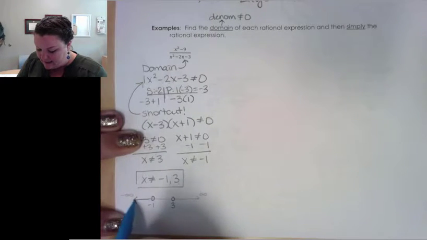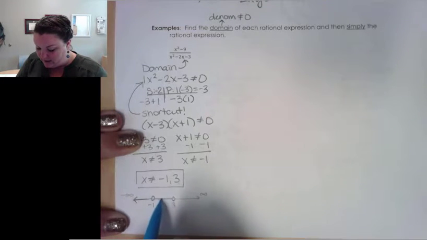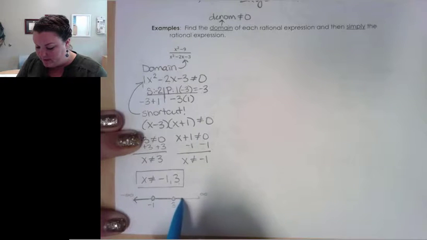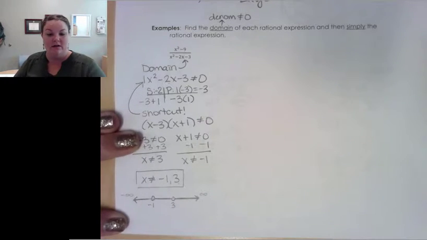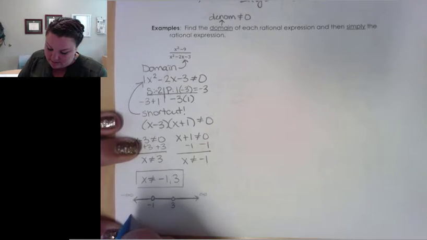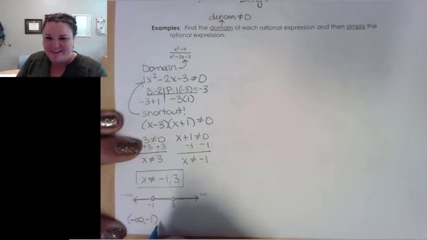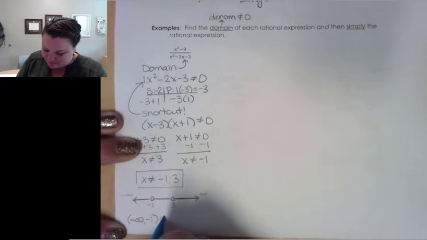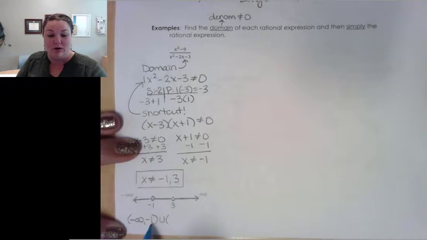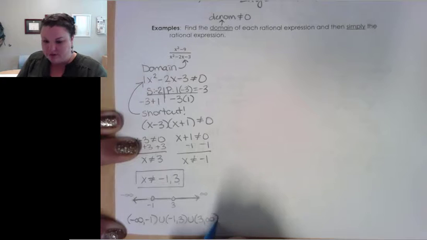But it could be anything on this side of negative 1, anything between negative 1 and 3, or anything bigger than 3. So if I want to write interval notation to represent this, x could be anything from negative infinity to negative 1, or, in the way we write or with math symbols, our union symbol, negative 1 to 3, any of those numbers, or any numbers larger than 3.